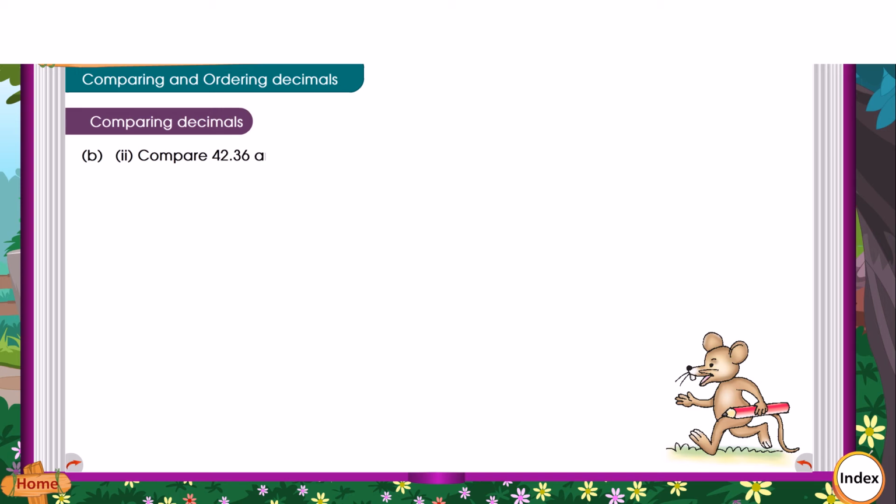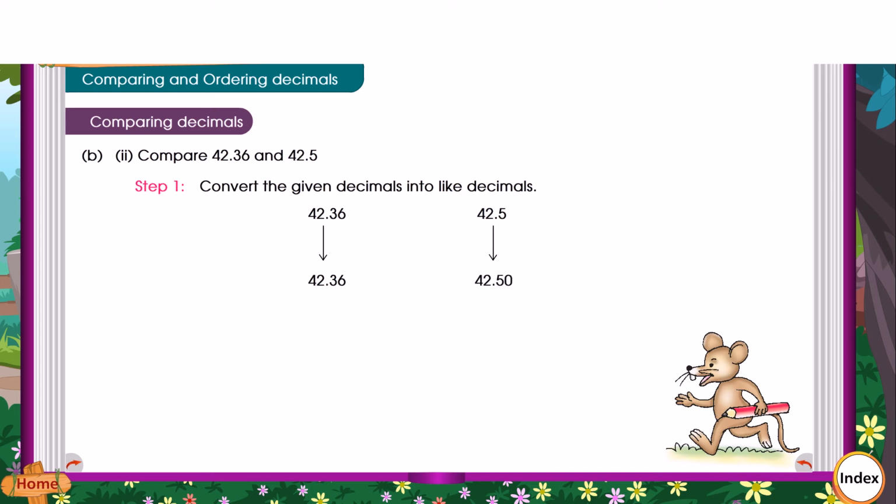2. Compare 42.36 and 42.5. Step 1. Convert the given decimals into like decimals. 42.36, 42.5 becomes 42.36, 42.50. Step 2. First compare the whole number parts. 42 is equal to 42. Step 3.